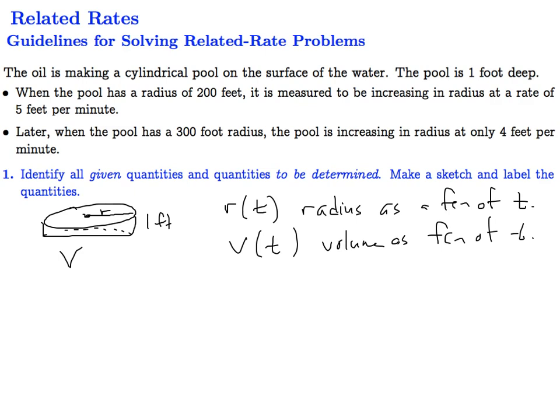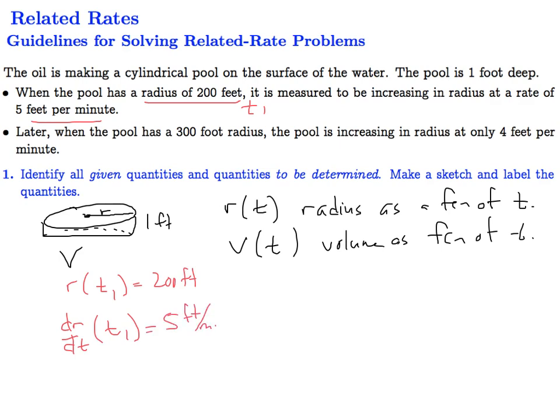Now, if we look at our problem here, we're given that when the pool has a radius of 200 feet, its radius is increasing at 5 feet per minute. So let's call this time t1. So we know that the radius at time t1 is equal to 200 feet, and we know the rate of change of the radius, dr/dt, at time t1 is 5 feet per minute.